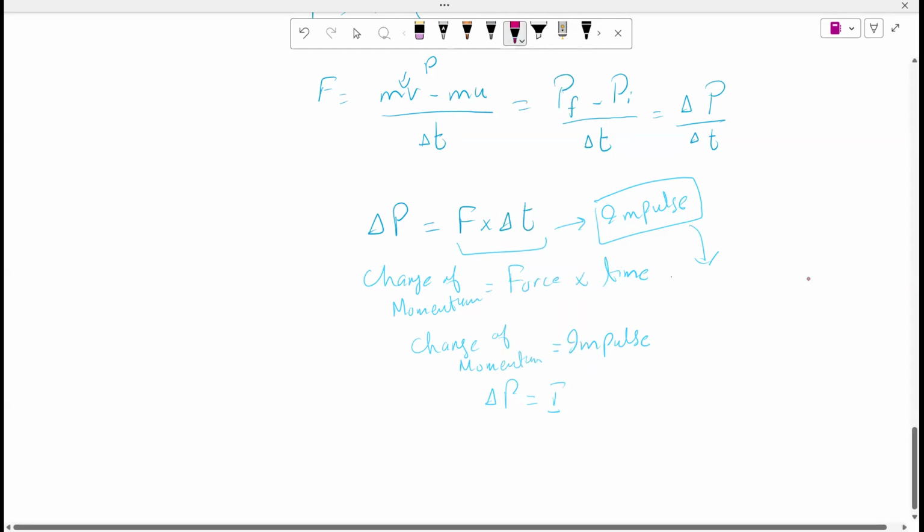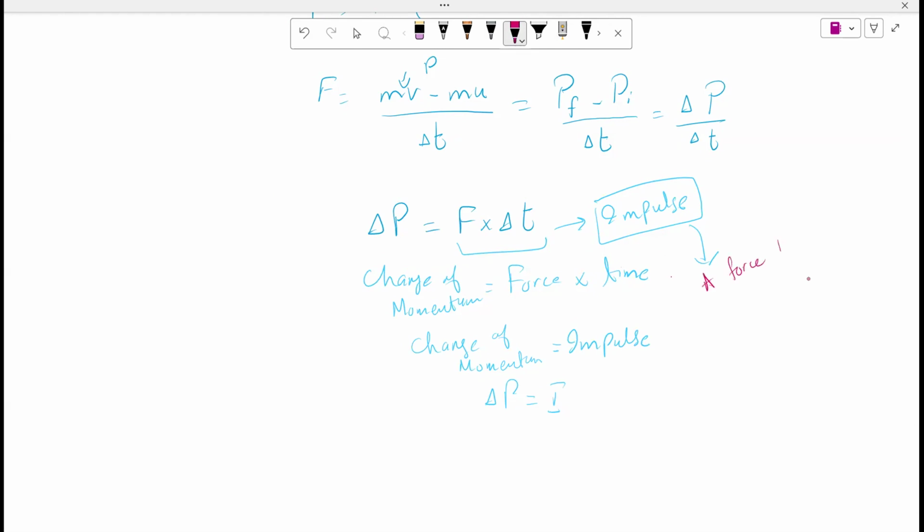Impulse is basically a force that acts for a very short interval of time.